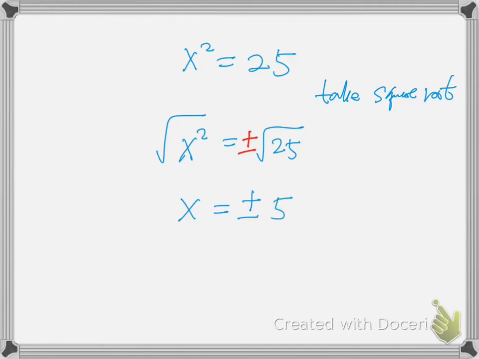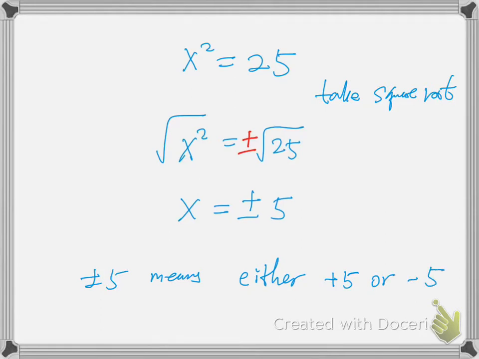So this notation, positive negative 5, means either positive 5 or negative 5.